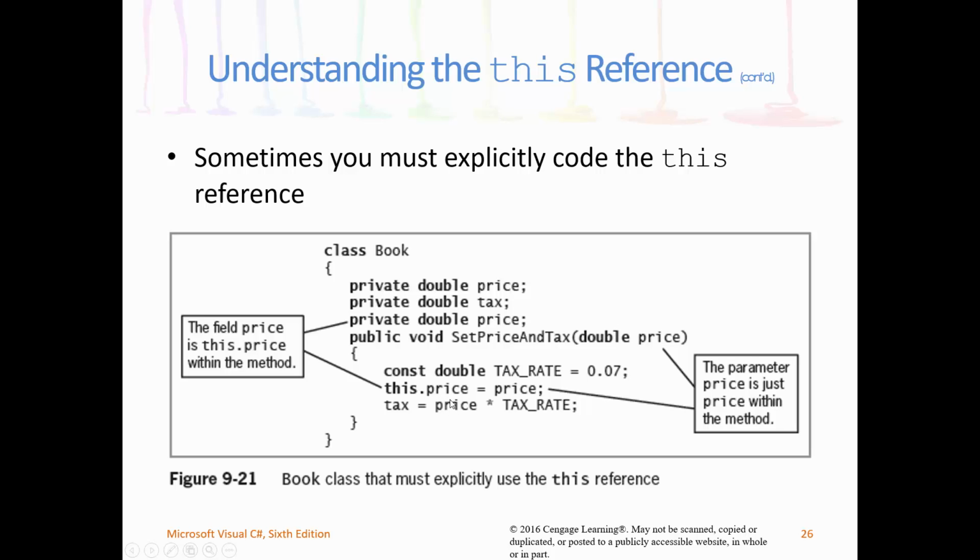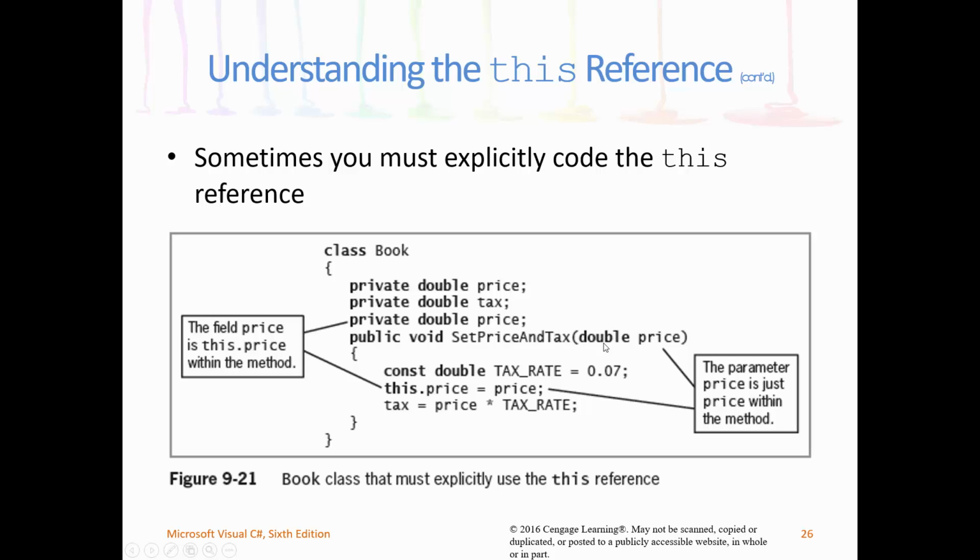If you had left the this off in that example, and instead of saying this dot price equal price, you had said price equal price, you probably wouldn't get an error message, but you would copy whatever is in there to itself. Because if I said price equal price, on the left-hand side of the equal sign and on the right-hand side, I'd be referring to that same value.